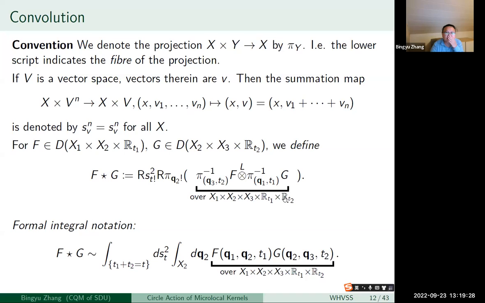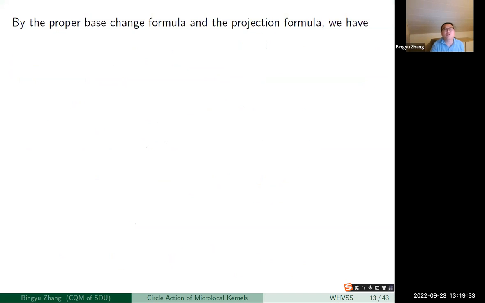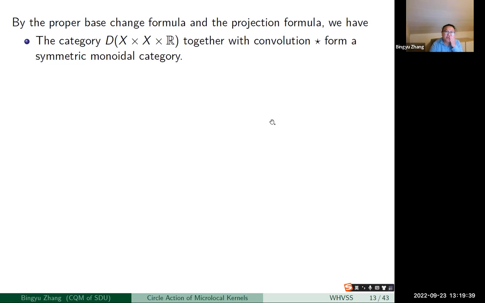Now let's go to our central topic, microlocal kernels. Okay, maybe first I need to mark something. Now we can prove, by the proper base change formula, that this category is equipped with a convolution functor making it a symmetric monoidal category.